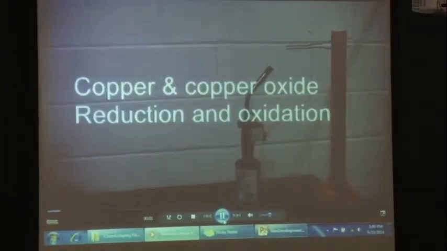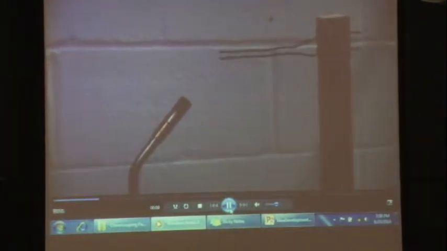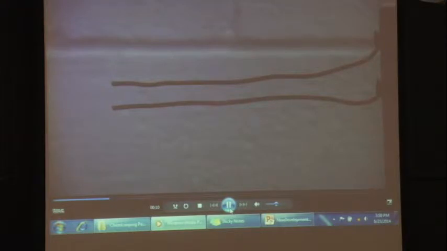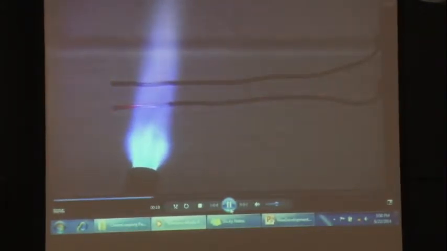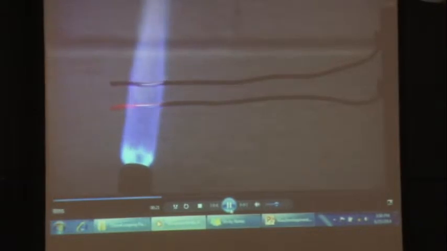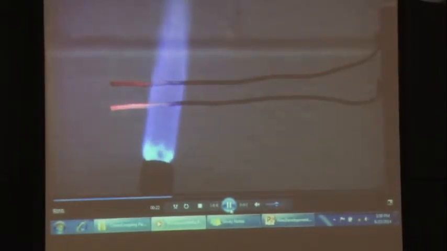So there's my propane torch, and there's just two copper wires. I just put them on a piece of wood there. You can see them sticking off the end of my torch, and then we do a bit of a close-up. So there's the torch, and you can see that inner blue region. Now this is easy to see because it glows, and copper itself is kind of shiny, like a shiny penny, and the oxide is darker.